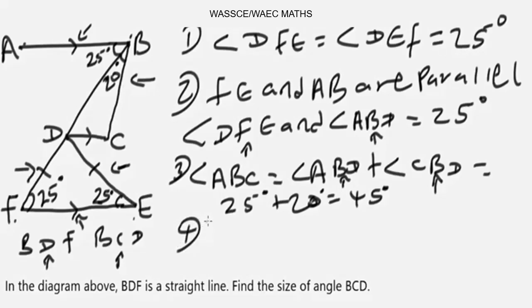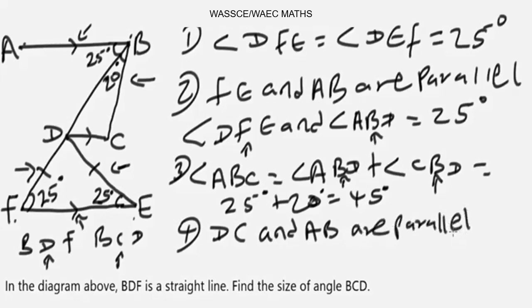Now if you check again, you see that DC and AB are parallel also. Look at it, because of this arrow, this DC, we have an arrow here, and on AB, this arrow still exists. So they are parallel.